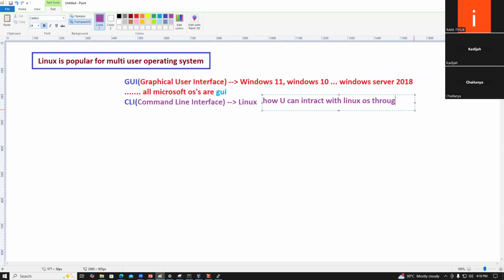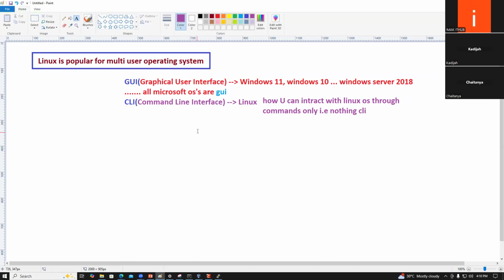Through commands only. That is nothing but CLI. So Linux is a CLI operating system.